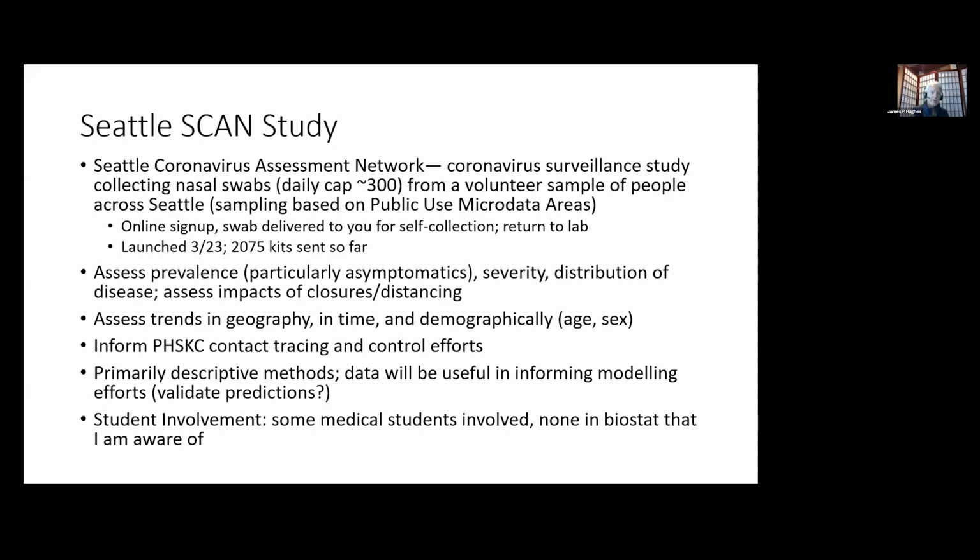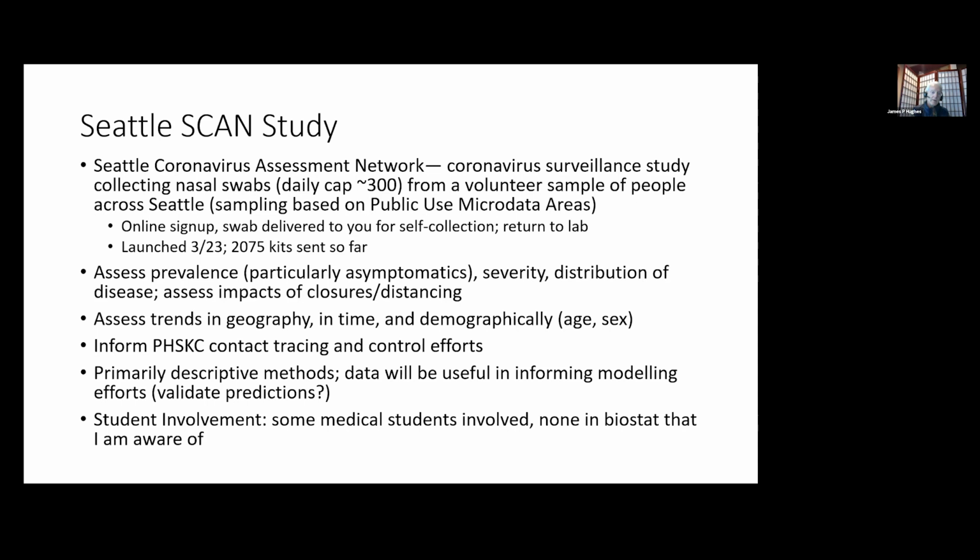The primary purpose of the study is to assess prevalence of disease, and because it solicits people who are healthy as well as people who may think they have COVID disease, it will give some idea of asymptomatics, as well as severity and distribution of disease.